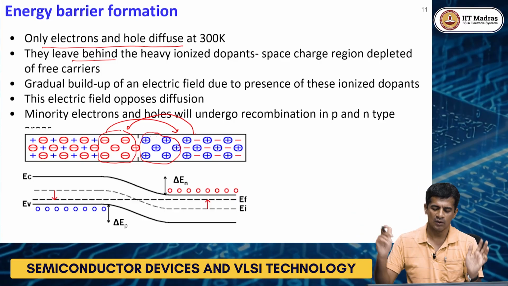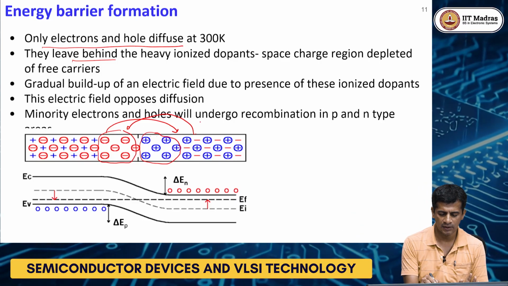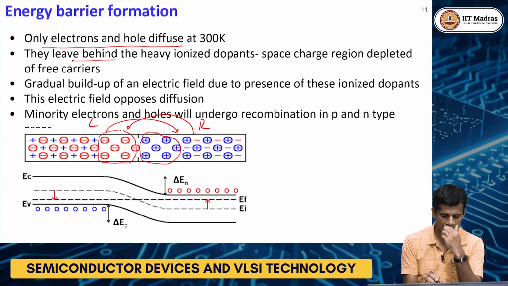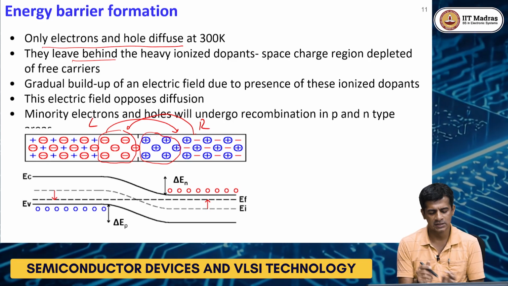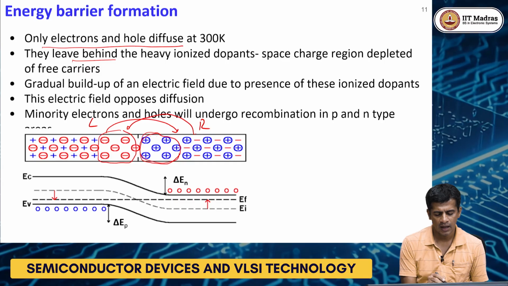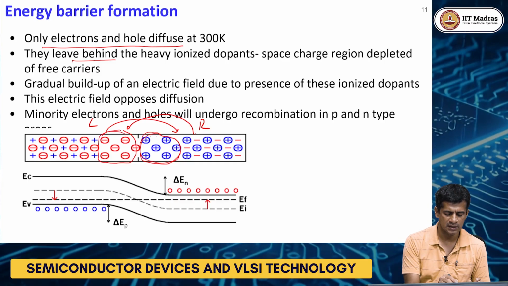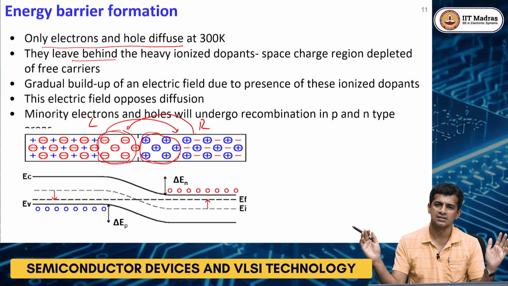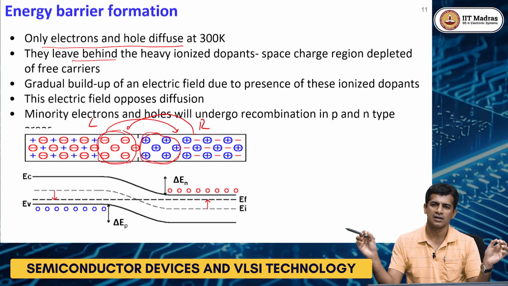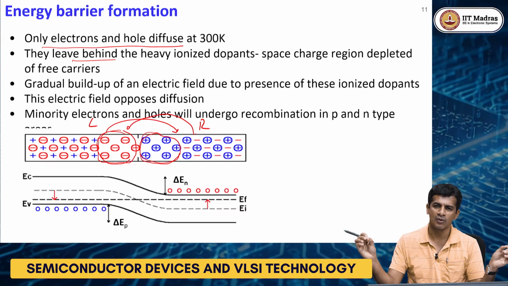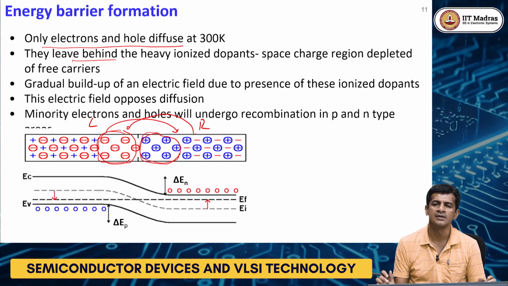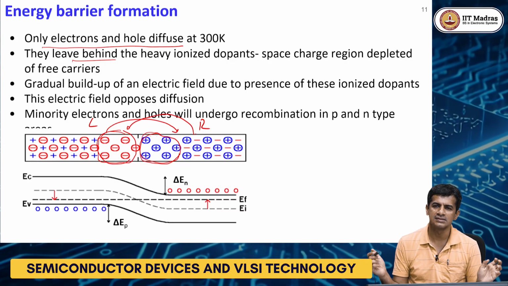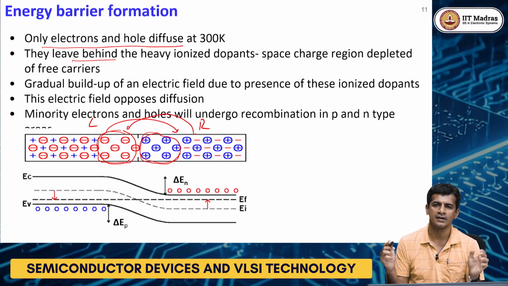On the right side you have a buildup of positively charged atoms, and on the left side you have negatively charged ions. If you have equal charges of different polarities separated by a distance, we know there is a buildup of electric field.